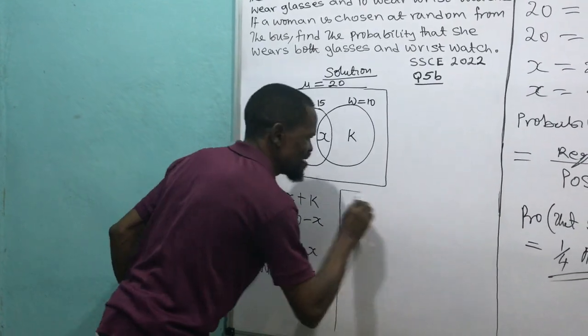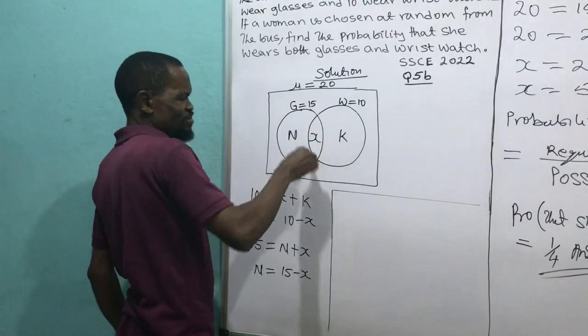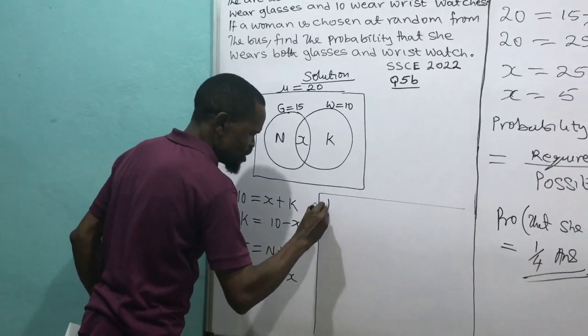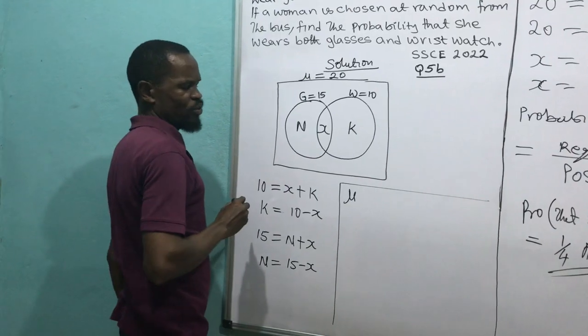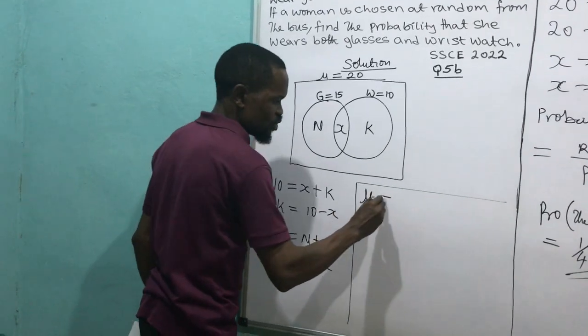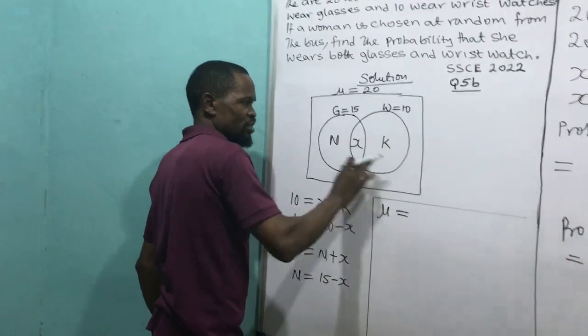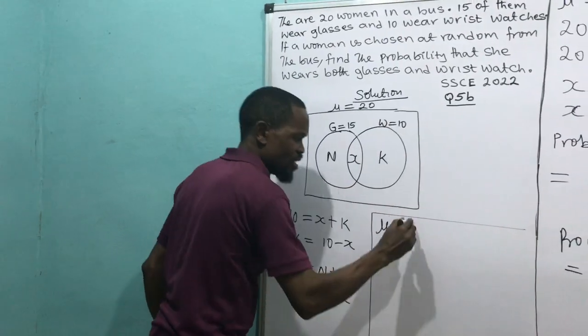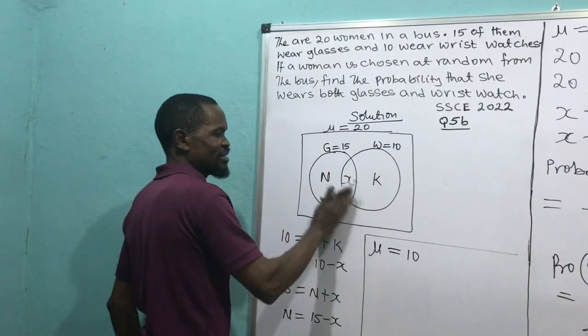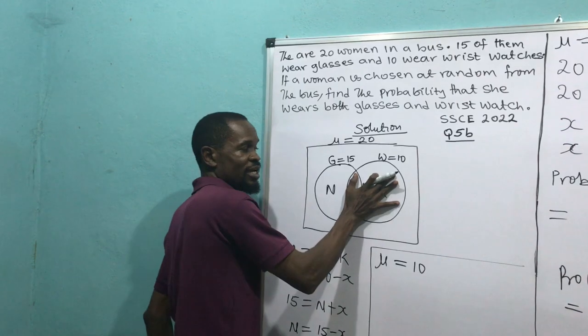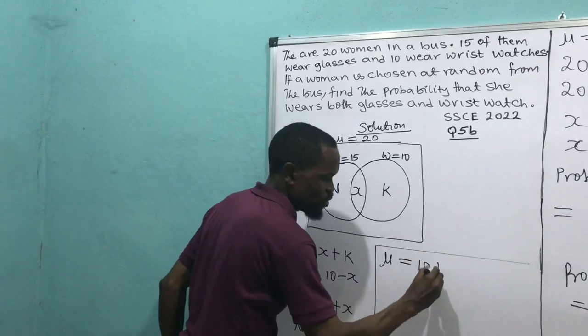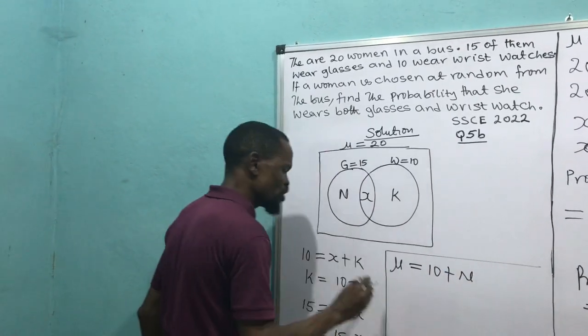So look at this. I look at this, I know that mu, which is the total people in the bus, is equal to what is here. This bus is 10, so I put 10 here. I've closed this bus, 10. What remains? n. I'll put plus n. But what is my n?